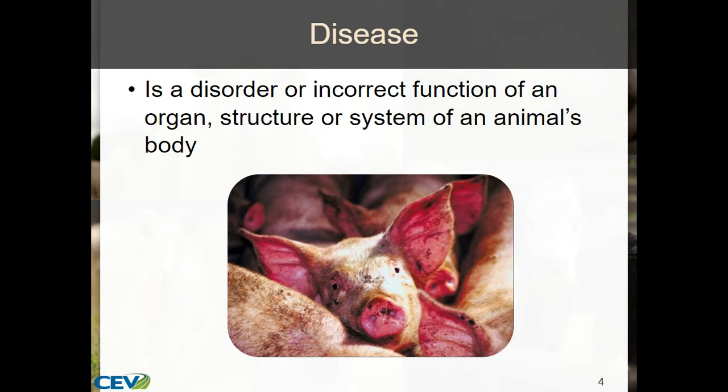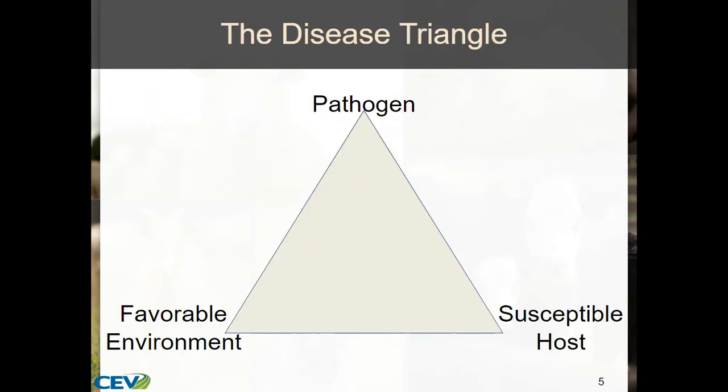Anytime something's going wrong within the body, we can usually link that to some kind of health problem, some kind of disease. So, in order for disease to exist, at least transmissible diseases, there are three things that need to occur. We need to have a pathogen. A pathogen is a disease causing agent. It's something that's going to make the animal sick.